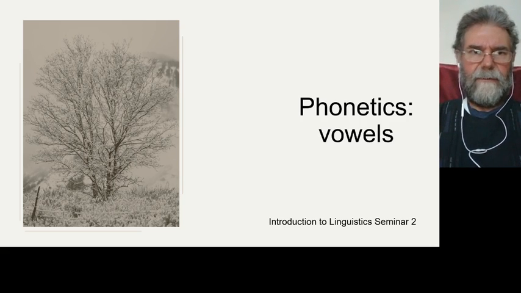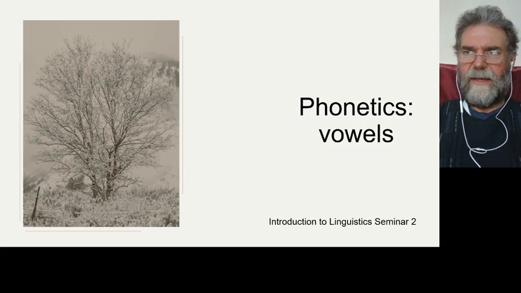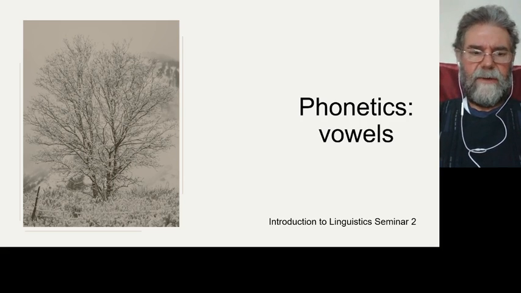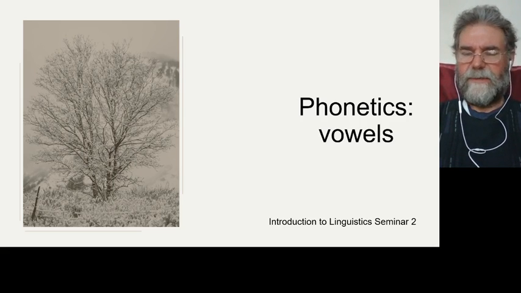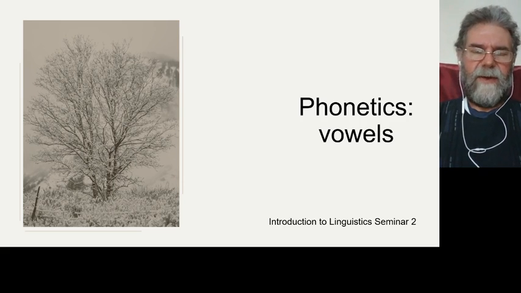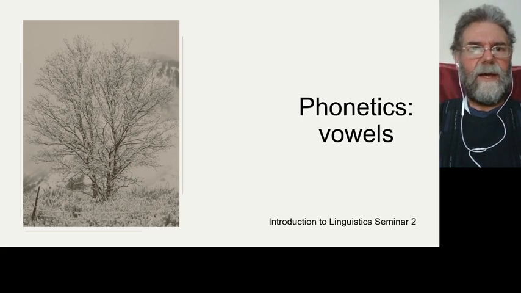Now, vowels, unlike consonants, are quite tricky things to describe. Because if you think about it, with a consonant, you do something pretty definite with your tongue and your vocal apparatus, your lips and things like this, and you can fairly easily describe what's going on.